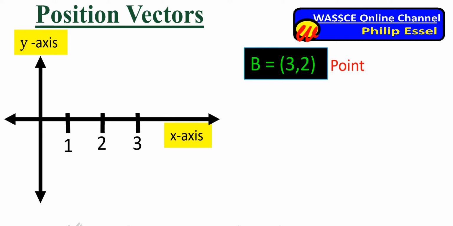Also, the y-axis will be labeled to the number 2 because the y-coordinate of the point B is 2. I believe we still remember that the point of intersection of the y and the x-axis is the point 0, and it is represented by the letter O, that is the origin. So let's show that at that point.